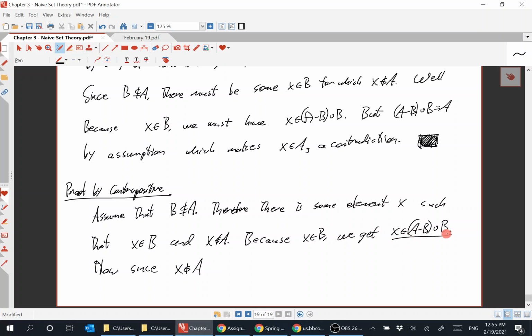So X is in here, but X is not in A. So what's the case? What must be the case?